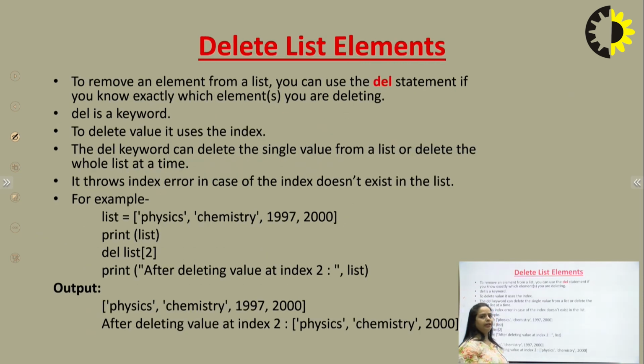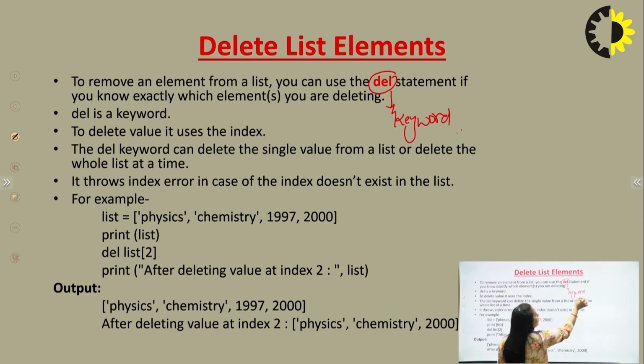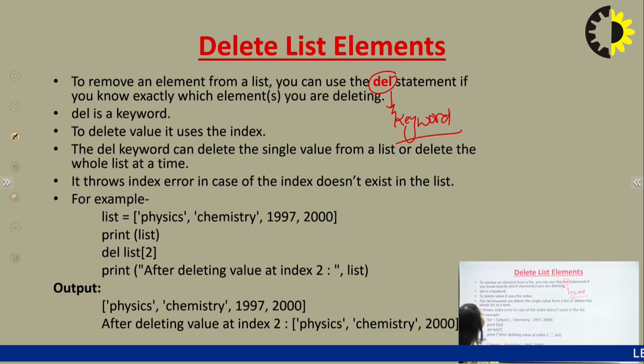Next, how to delete an element from a list? We have to use the del statement. del is a keyword in our Python programming language. So we can use the del keyword to delete an element from the list. With the help of the del keyword, we can delete a value based on its index.